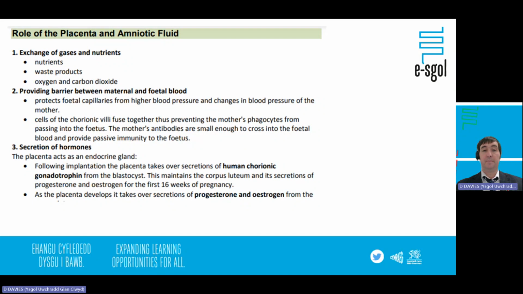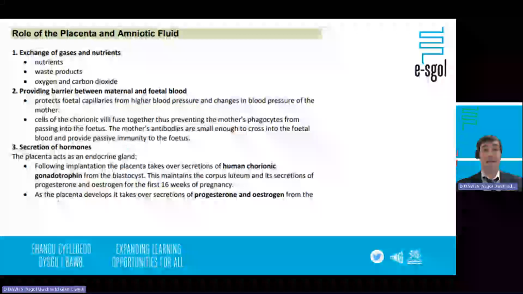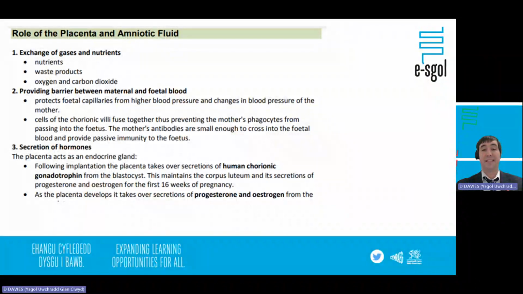That is part of the basis for morning sickness: the pregnant woman feels ill because her immune system is fighting against itself. But the mother's phagocytes can't actually get to the fetus to destroy the cells through the placenta. There are also hormones there that maintain pregnancy. So that's the role of the placenta.